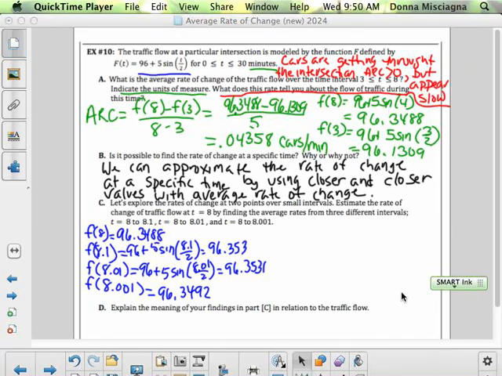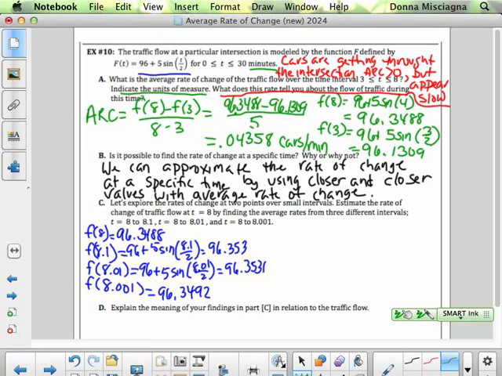Before we go any further, let me go back to this question. The last one, I think it would be better to round it to 96.349, because when I got it, that's what it would round to. That number there tells us something else, right?